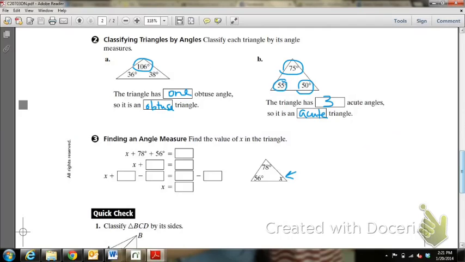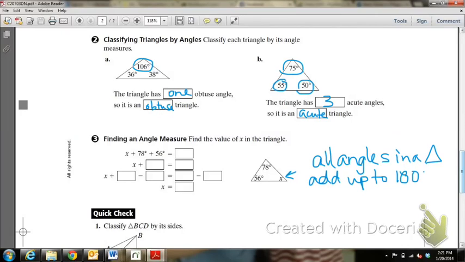Okay, now what if I give you a triangle here and one of your angles is missing? Well, you know that all angles in a triangle add up to 180 degrees. Okay? So I can make a big old equation, add up my 3 things to get 180 degrees. I can just add the 2 numbers that they already gave me. Okay.